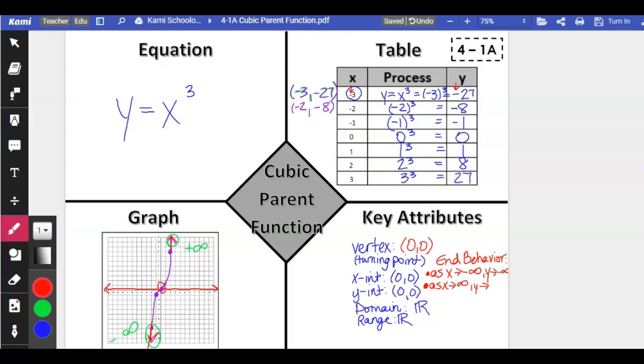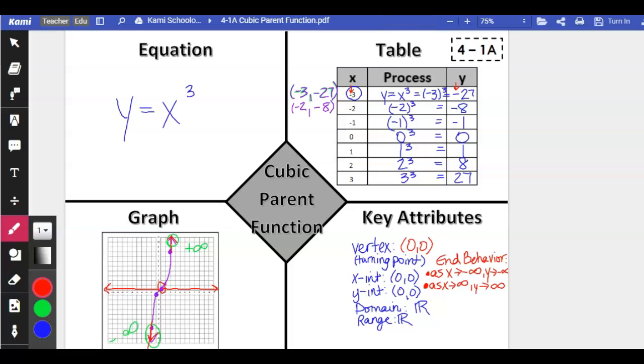So what direction is that? Towards +infinity. So as the graph goes left, it's going down. As the graph goes right, it's going up. And the way we say that is that the end behavior says that as x approaches -infinity, y approaches -infinity. And as x approaches +infinity, y approaches +infinity.